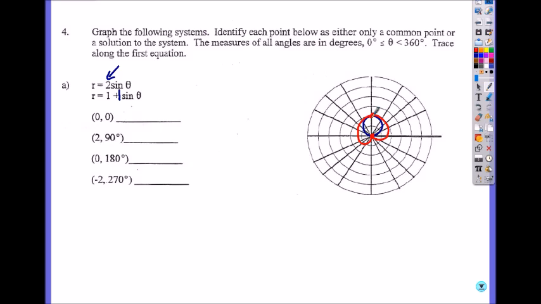So let's go ahead and solve it algebraically first. 2 sine of theta equals 1 plus sine of theta. So move the smaller sine, subtract sine theta.